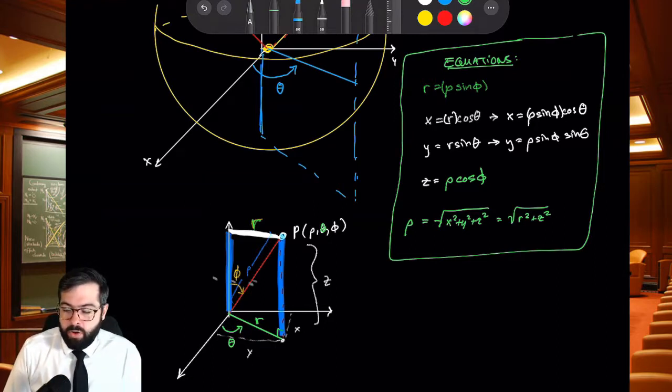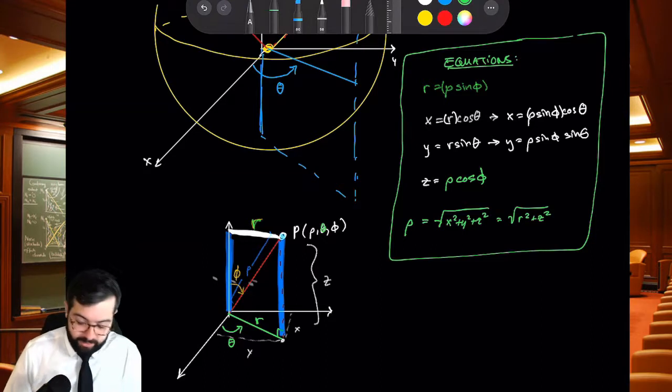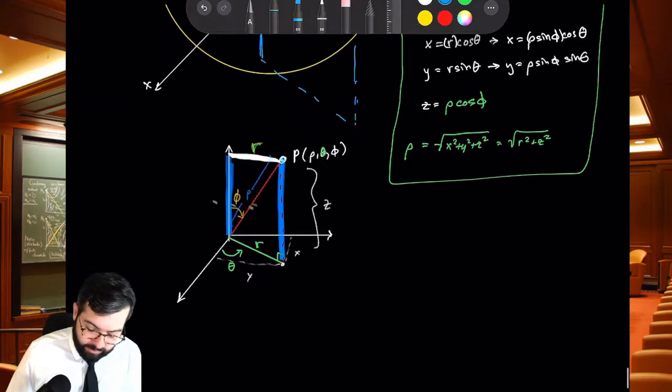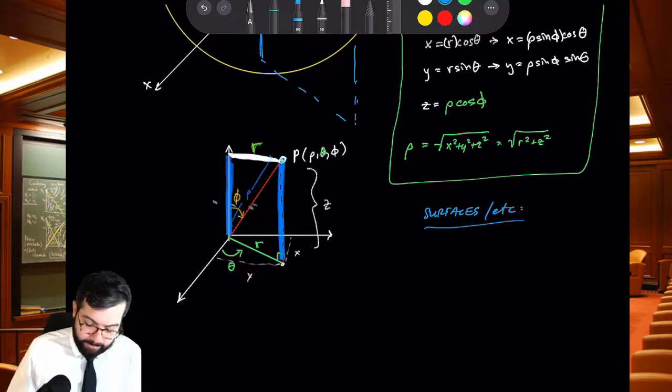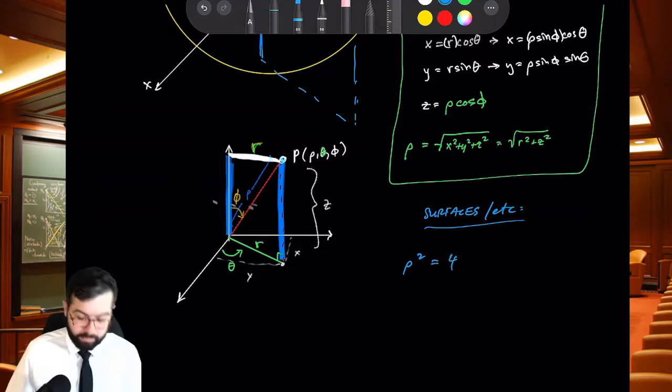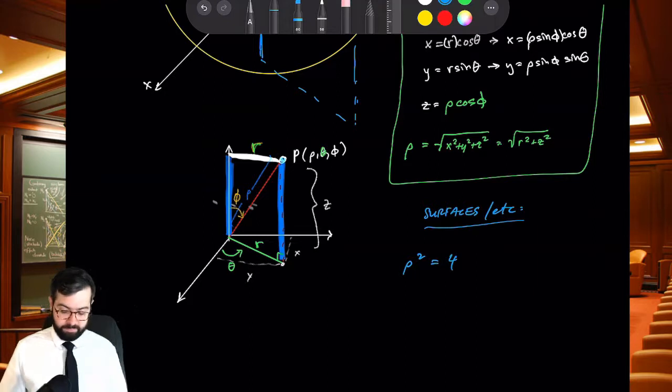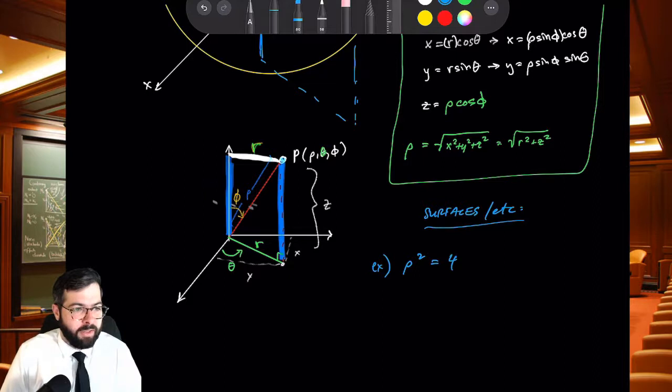So why is this nice? Well, let's think about some equations, some surfaces, etc. You know, rho squared equals 4. What does this thing look like?